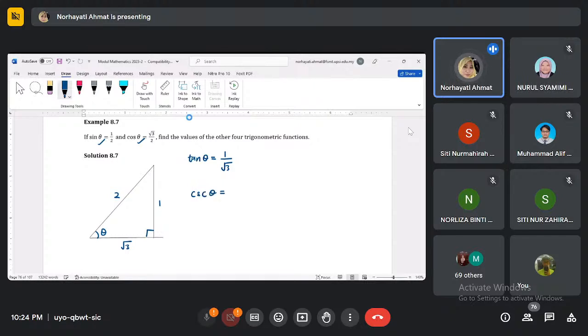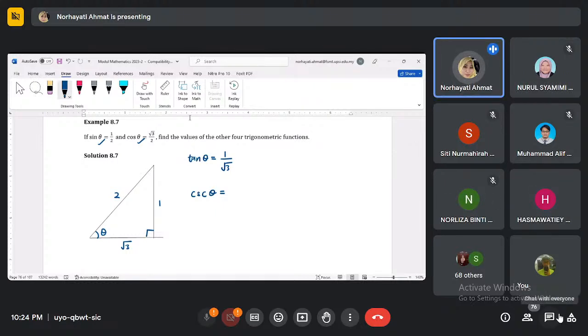Cosec theta. Siapa saya nak panggil ni? Azim? Ada Azim? Tak ada. Hasmawati? Ya saya doktor.